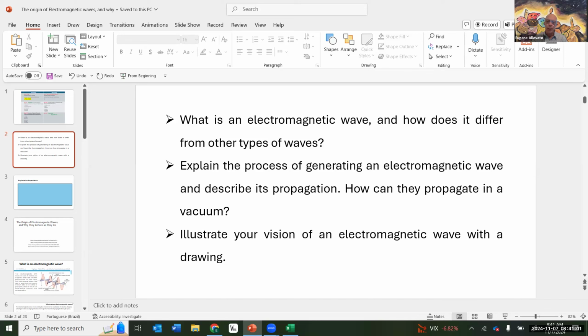Now, when the charge is moving, let's say up and down, it's also going to create a magnetic field. So the charge not moving has only an electric field, but the moment that the charge is being accelerated up and down, it will generate the magnetic field.